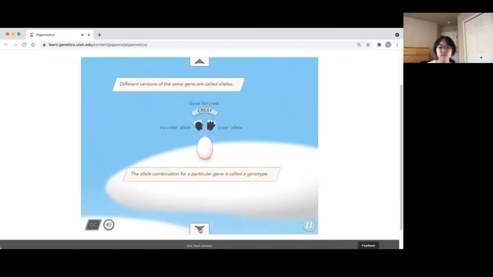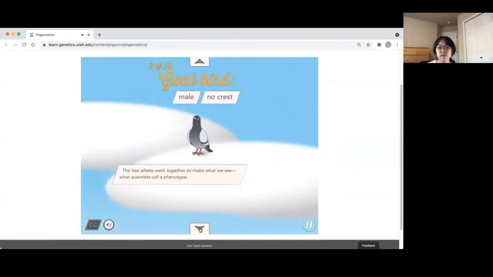Different versions of the same gene are called alleles. The allele combination for a particular gene is called a genotype. The 2 alleles work together to make what we see, what scientists call a phenotype. The phenotype is what we can actually see of the gene.